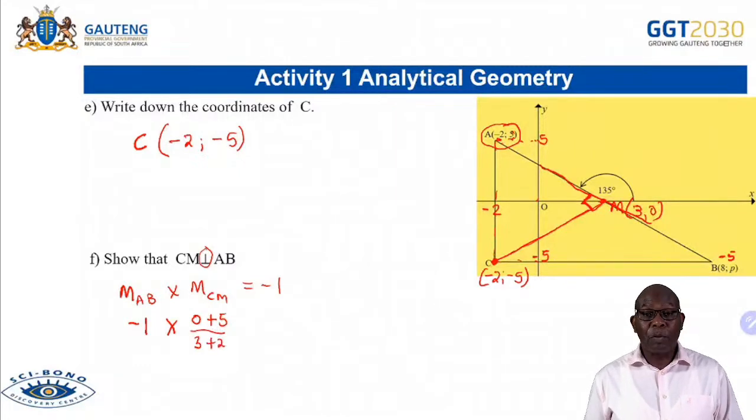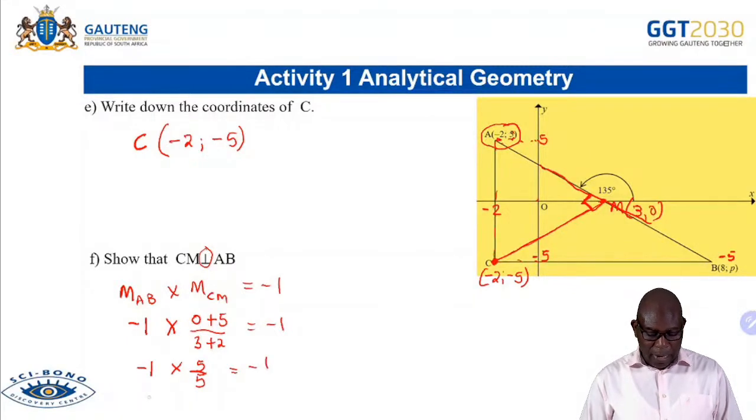So if I can prove that this one times that one will give me -1, then here I'll have -1 times 5 over 5. So now I can see that's -1 and that is a 1. So 1 times -1 will give me -1. I can then say therefore CM is perpendicular to AB.